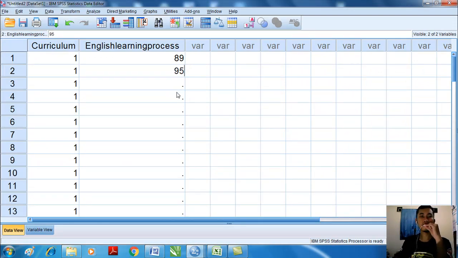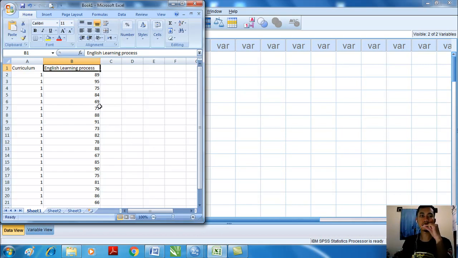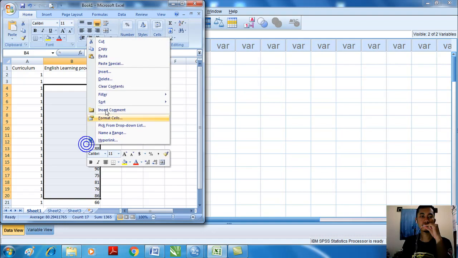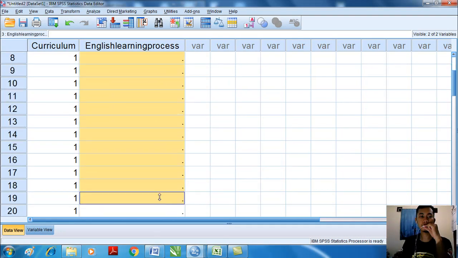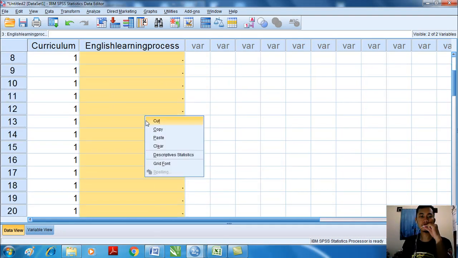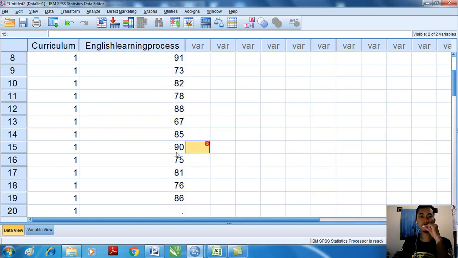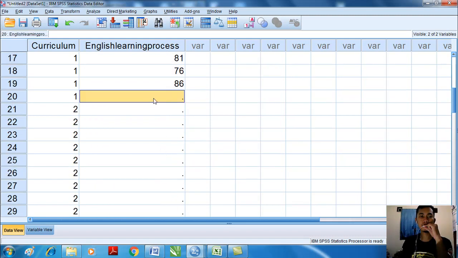Okay, I have already typed it and then I will copy it to make it faster. Copy and then put it here until 20. Right click and paste.